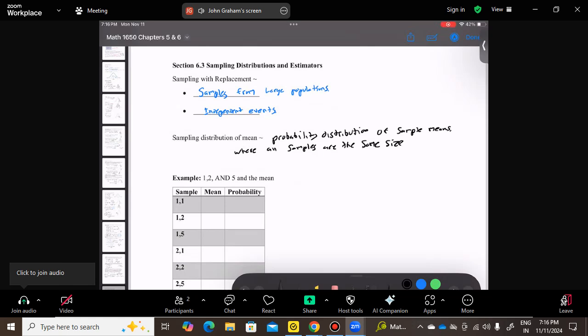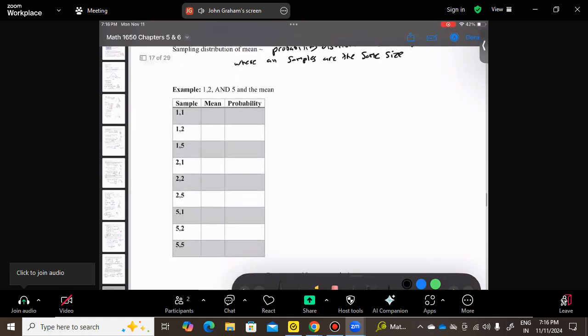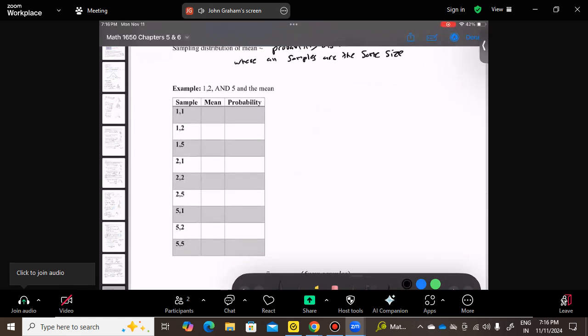Alright, so let's just think of the numbers 1, 2, and 5. Let's look at what an average of those three numbers would mean. So let's say the population is 1, 2, and 5.